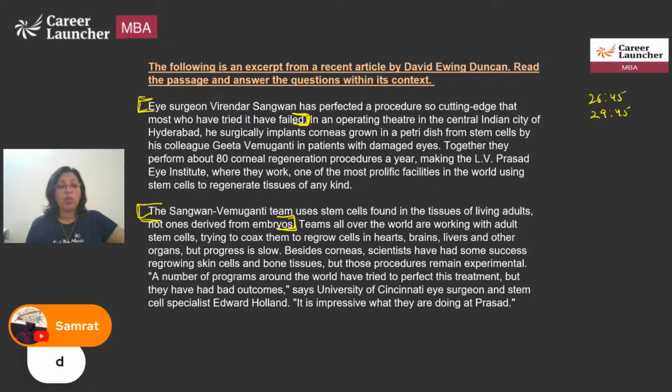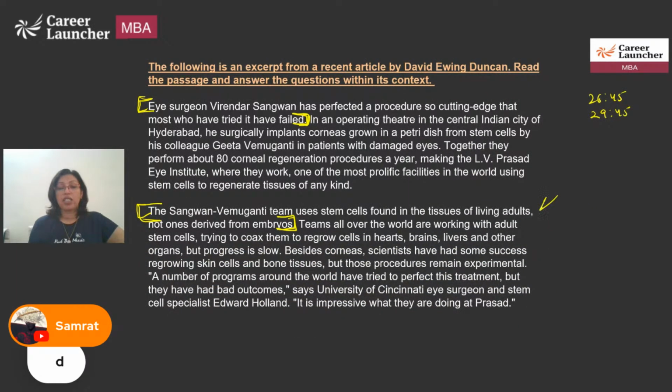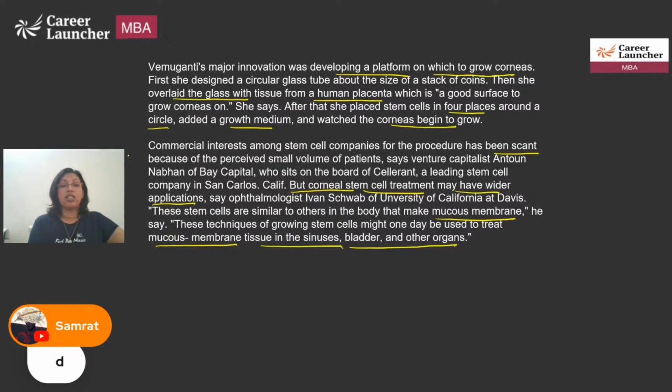It tells you something very important, so you pay attention to that. Pay attention to all the first lines and the last lines. They will always tell you important things. And if you notice, this first line gives you the answer to a question. This one doesn't, this one doesn't, but again, this one does, right? Where is it? What are they finding out from tissues of living adults? So you will be able to find your answers.